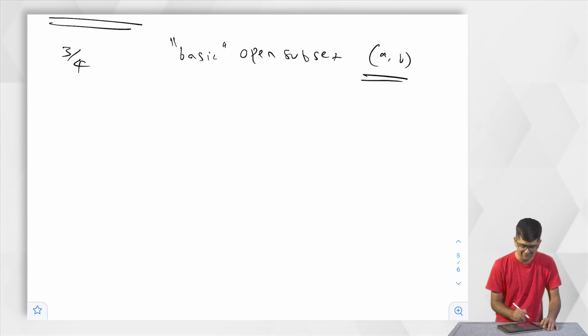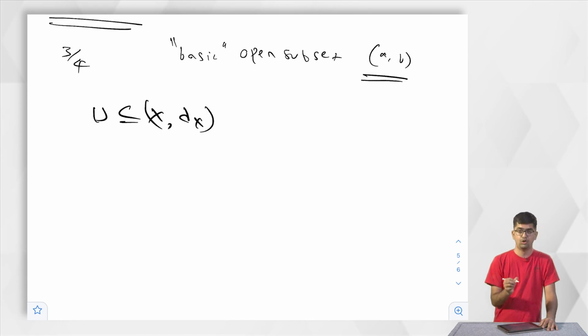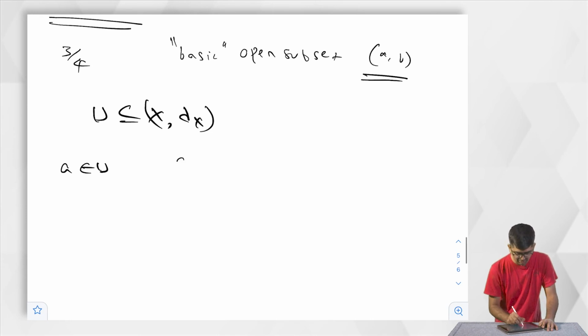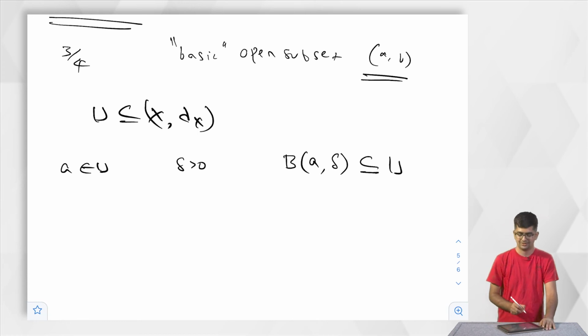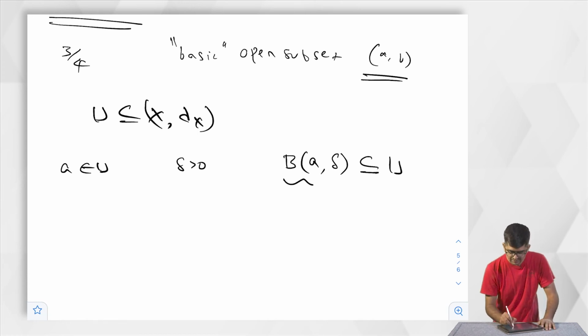So the definition: a subset U of a metric space (X, d) is said to be open if, given a belonging to U, there is a delta positive such that the ball centered at a with radius delta is totally contained in U. What is this ball?